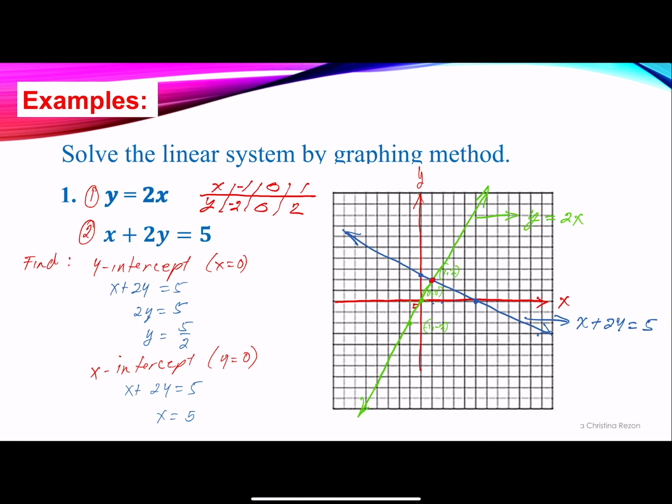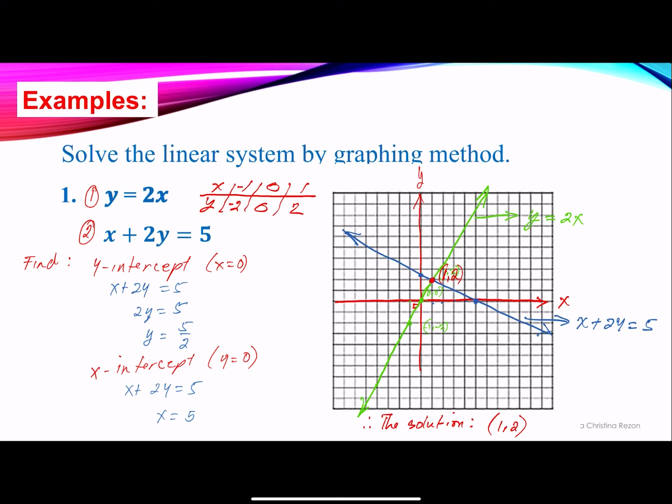So this is now your solution, which is the point (1, 2). Therefore, you can say that the solution of your linear system is the ordered pair (1, 2).